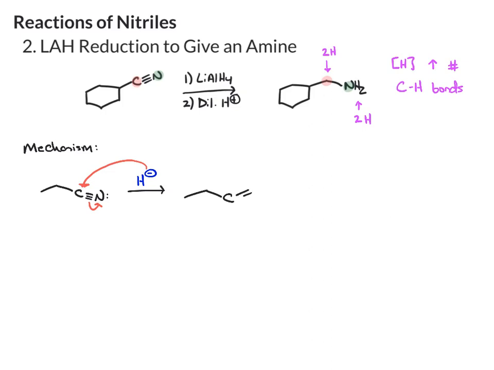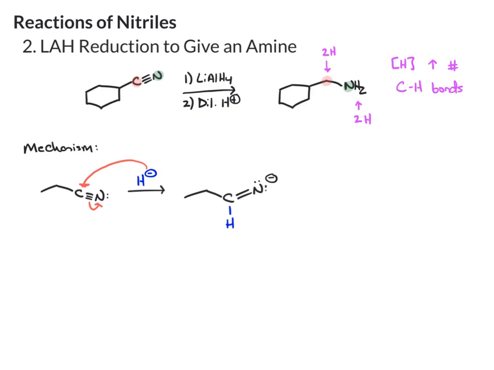So we get a double bond, 2 lone pairs, a negative charge here, and a hydrogen. Then we still have this pi bond.